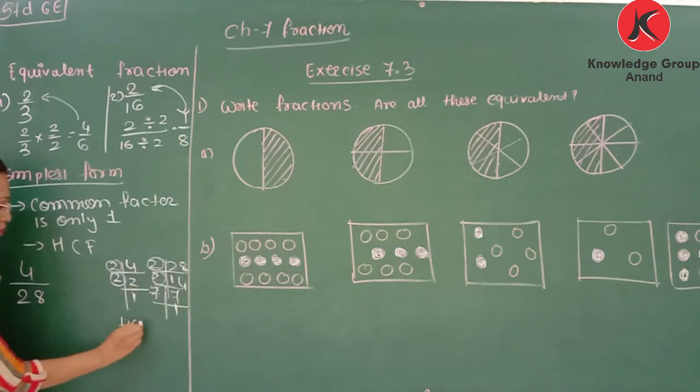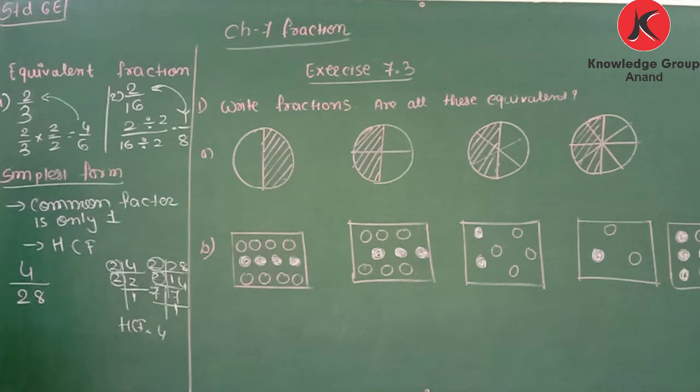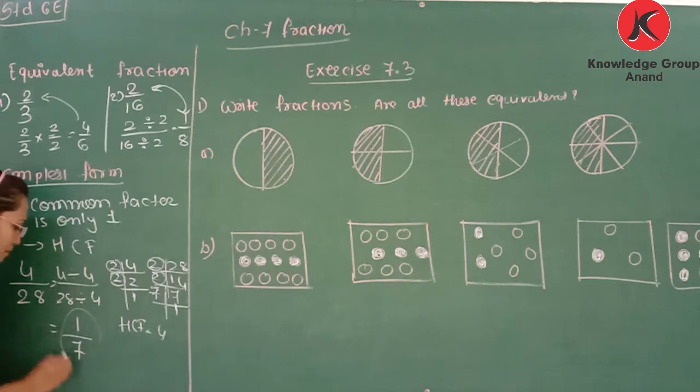So HCF will be 4. It means the numerator and denominator will be divided by 4. So 4 divided by 4, 28 divided by 4, gives 1 by 7. Clear? So this is the simplest form. We cannot simplify this further because the common factor between 1 and 7 is 1. So this way we find the simplest form.